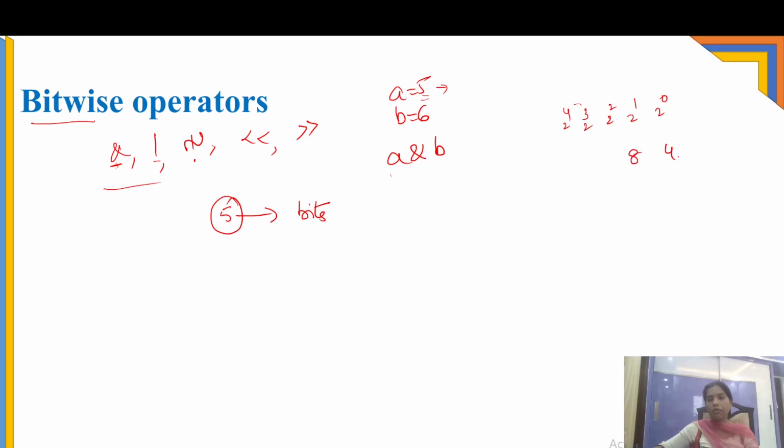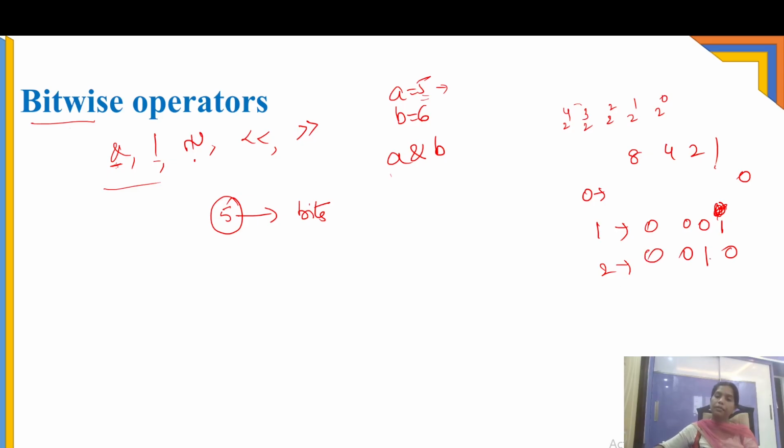Simply remember the 8421 code. For 0, all zeros. For 1, under 1 you keep 1, the remaining zeros.